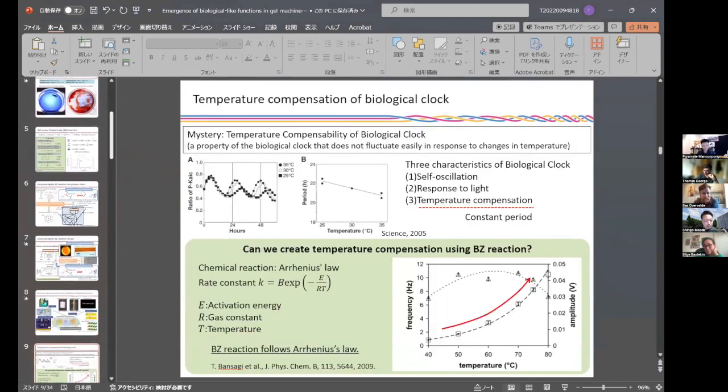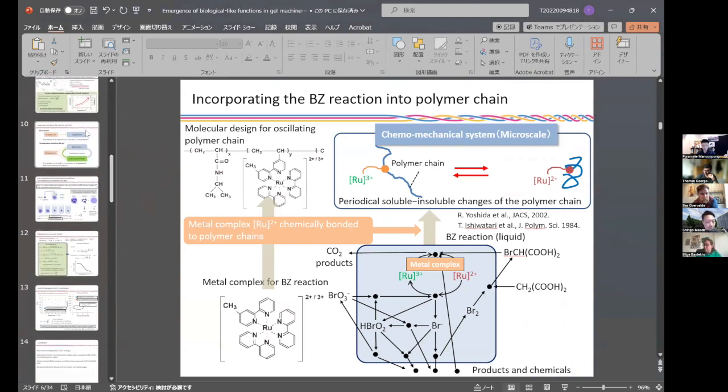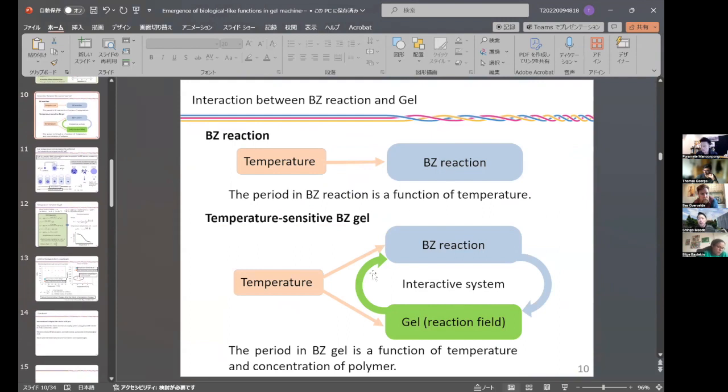So when we apply some forces to the gels, the gel deforms, and then the chemical reaction is coupled with the body of the gels.